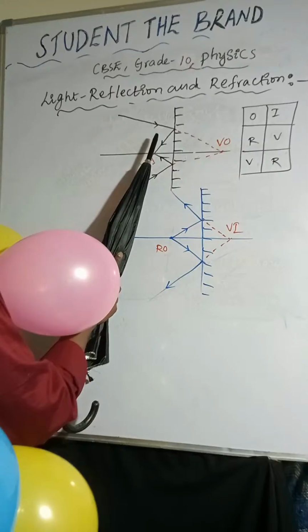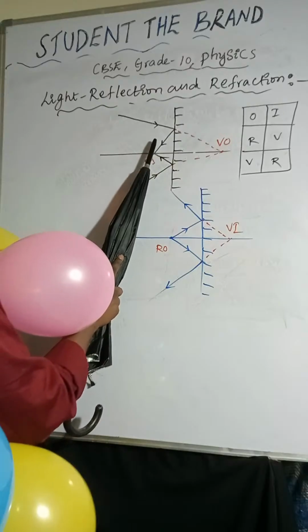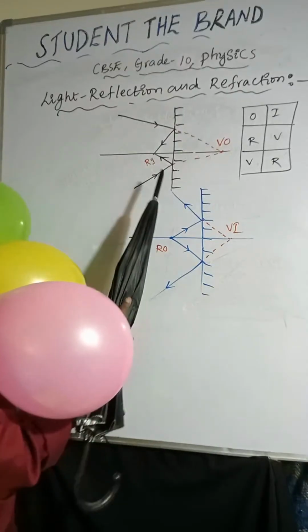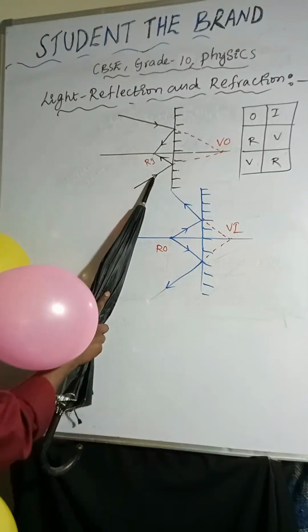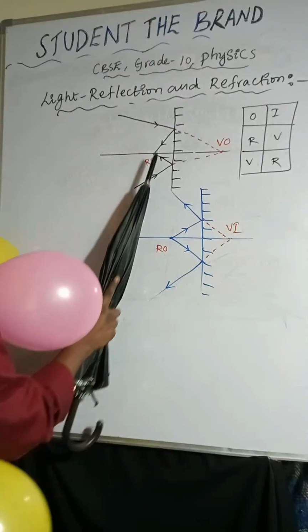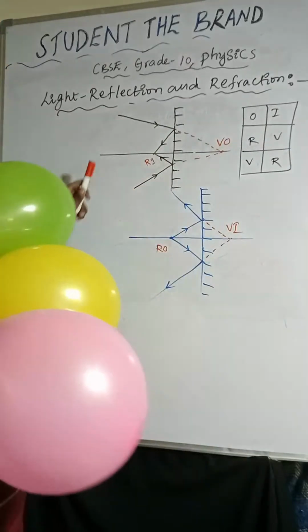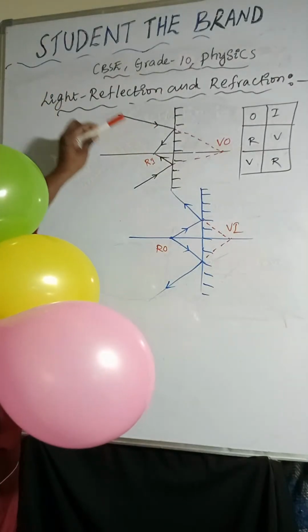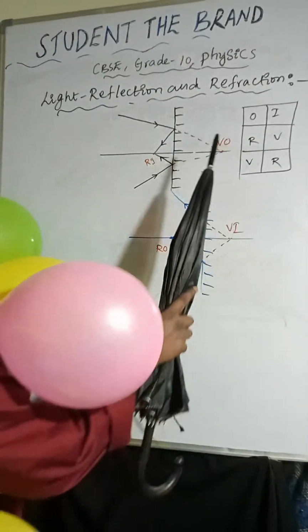The point of intersection of reflected light rays, reflected light rays meeting directly, is why this is called a real image. These are extended incident light rays, so that's why this is the virtual object. If reflected light rays meet at one point directly, that is a real image; if incident light rays are extended, it is a virtual object.